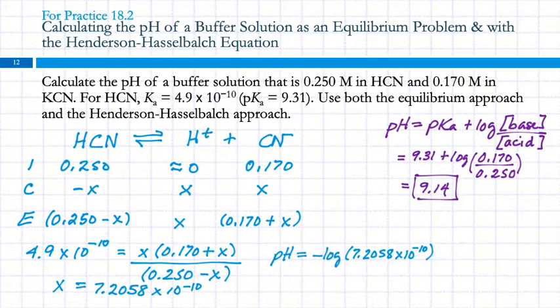That's not possible. So you have to scroll up to it and then scroll over to the right until it shows you, oh yeah, e minus 10. Okay. So negative log of that is 9.14. What do you know?